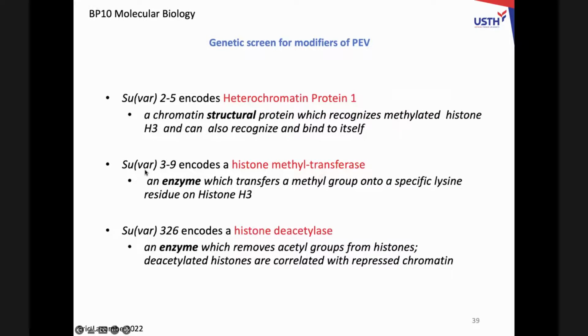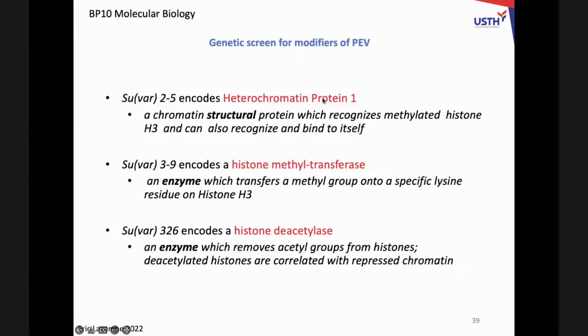The other one gives the same phenotype: histone methyltransferase. The third one, exactly the same phenotype: histone deacetylase. So you see all the mutations were targeted to genes that are controlling heterochromatin formation.